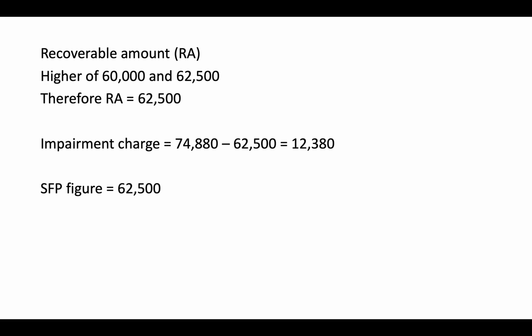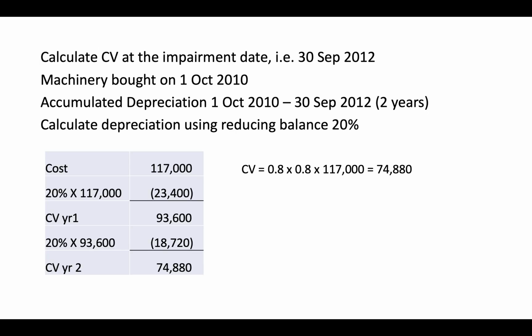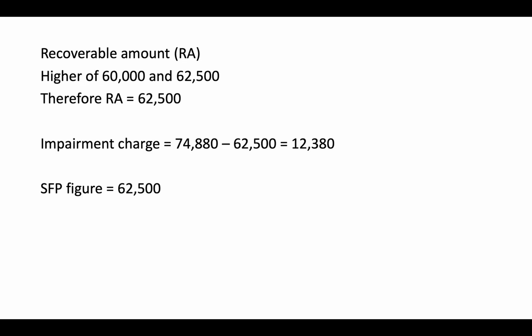In this case, if we compare the recoverable amount and the carrying value, the carrying value is higher. 74,880 is higher than 62,500, and therefore our asset in our SFP is too high.